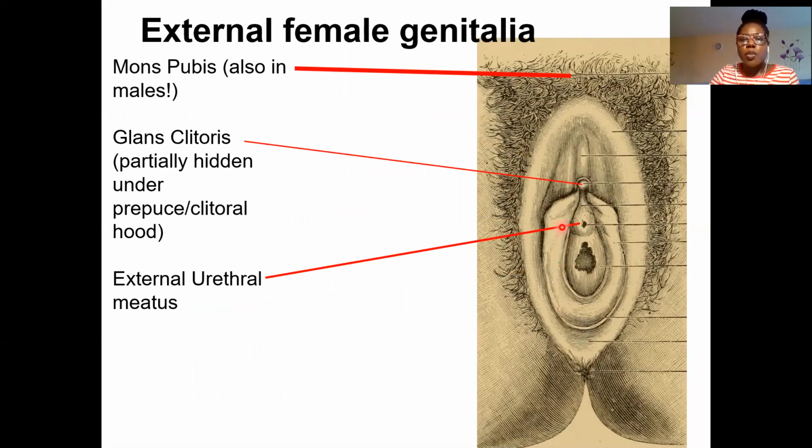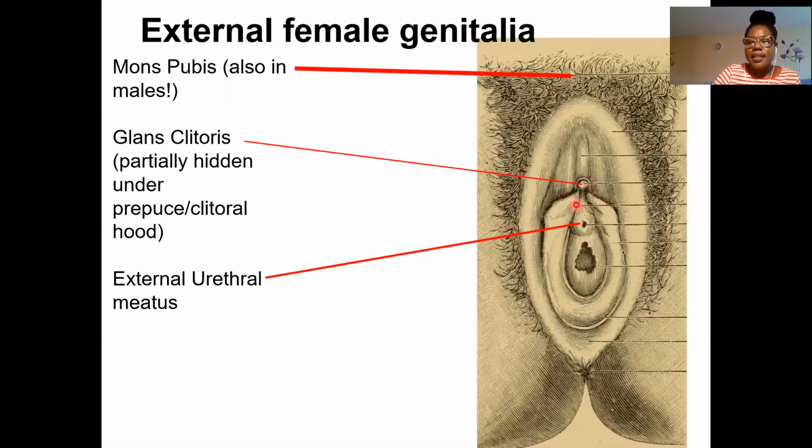There's the mons pubis. So the mons pubis is the superior or anterior region. This is the pubic region of the reproductive area. This is where we have the genital hair, located in males as well as females.